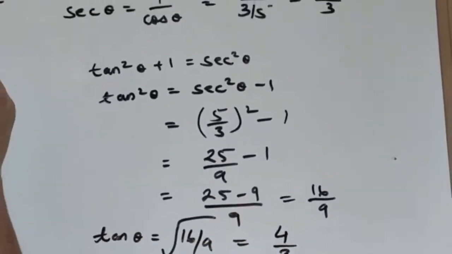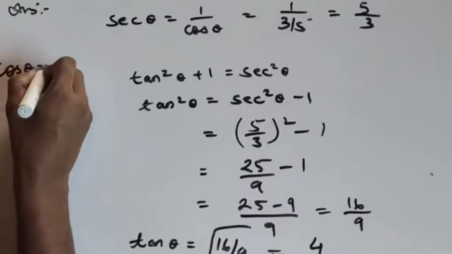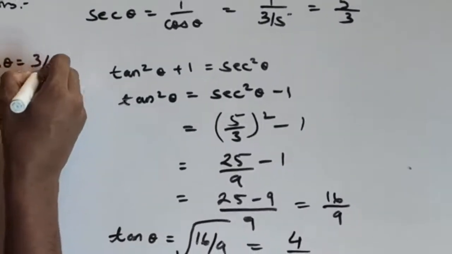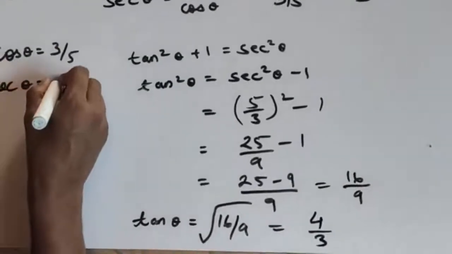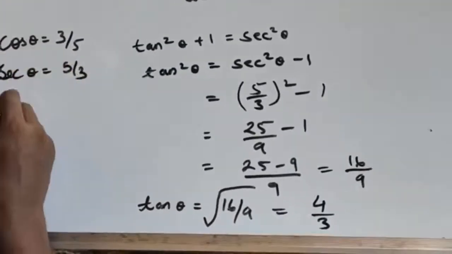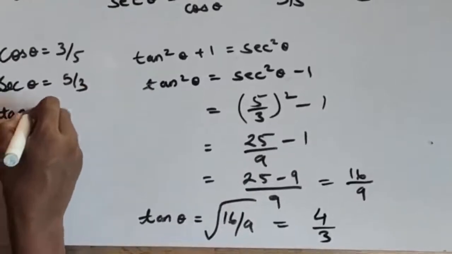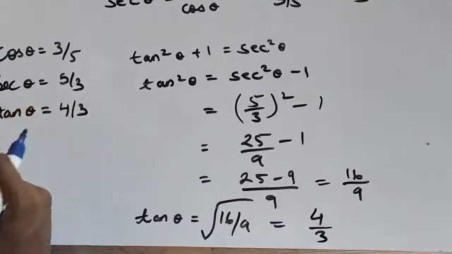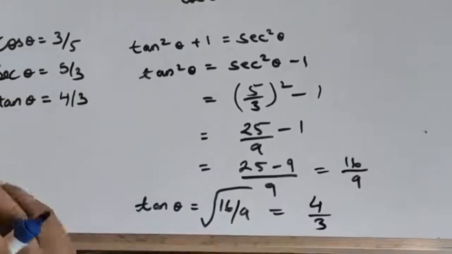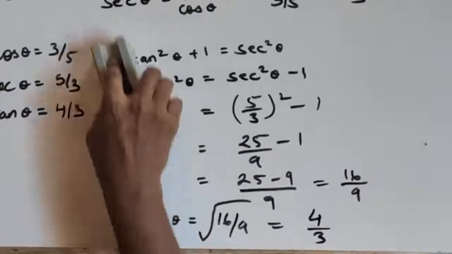So let's write it here. Cos theta was 3 by 5. Sec theta is 5 by 3. Now we have found tan theta, which is 4 by 3. Now we have to find cosec theta and cot theta.